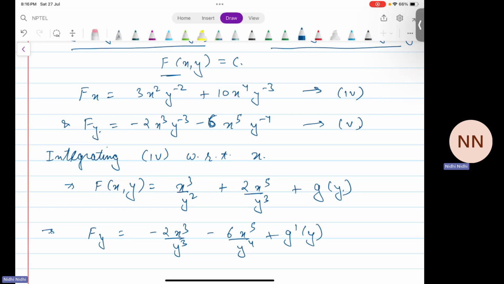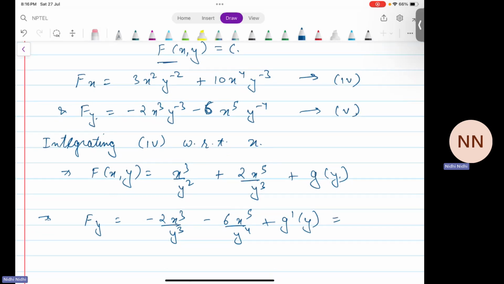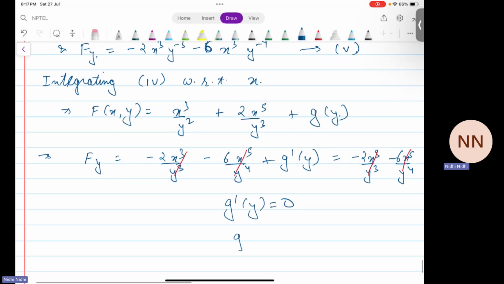We also know from equation 5 that fy is equal to minus 2x cube by y cube minus 6x power 5 by y power 4. So these terms get cancelled out. We are left with g dash y equal to 0, which gives us that g(y) was actually a constant.